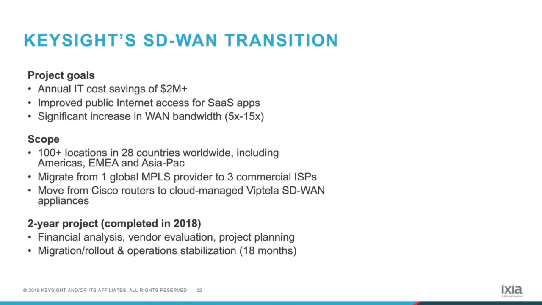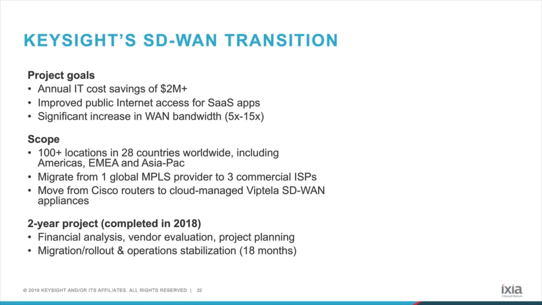Over the course of our project, we migrated over 100 sites to SD-WAN and eliminated MPLS from nearly all transit connections, the only exception being China and India, where country firewalls or telecom policies prevented total elimination of MPLS for us.